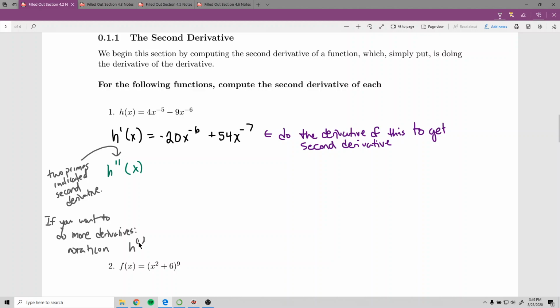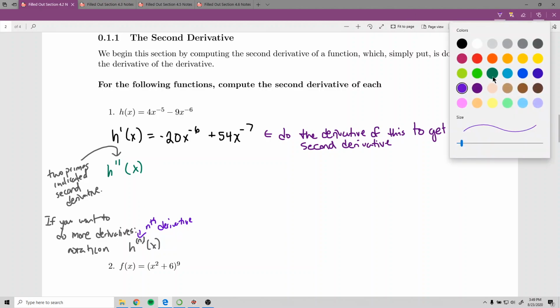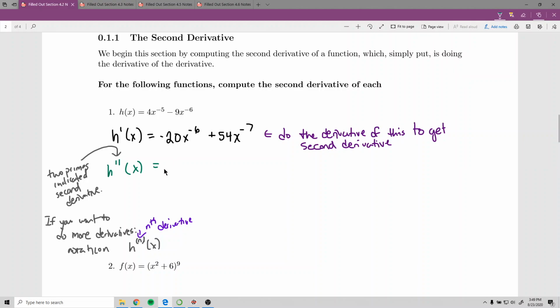Let me make that more clear: h^(n) of x. The number in parentheses means do the nth derivative. But if you don't put the parentheses around it, then it just means the function to a power. You might see that if you read parts of the book, but we won't really see that in the homework. Anyway, back to our problem.